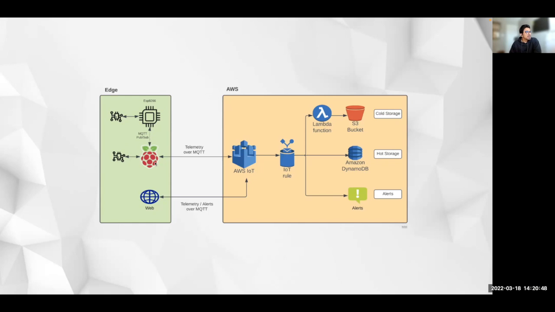Talking about the edge, I have a Raspberry Pi connected to a temperature and a humidity sensor. In this case, the Raspberry Pi acts as a gateway device. It directly communicates with AWS IoT, receiving and sending telemetry data, and AWS IoT also facilitates registering these devices.